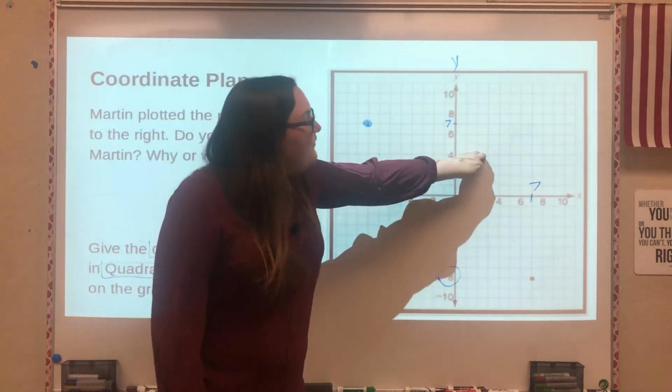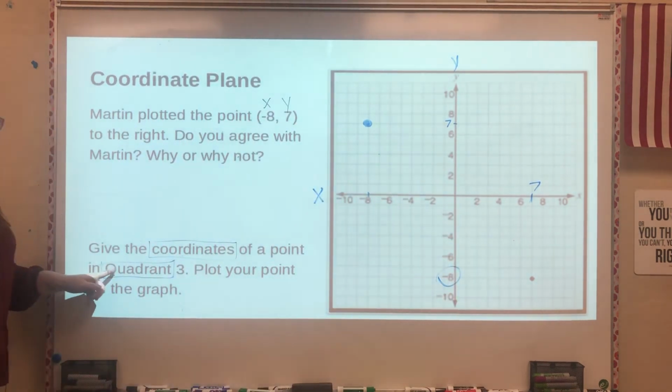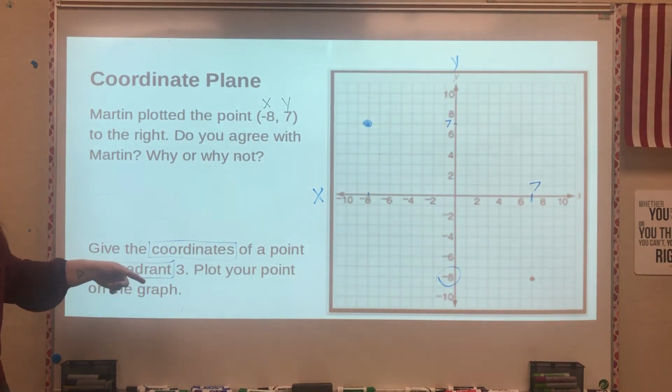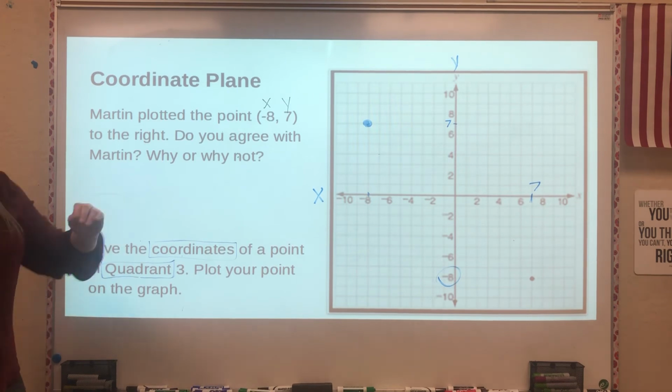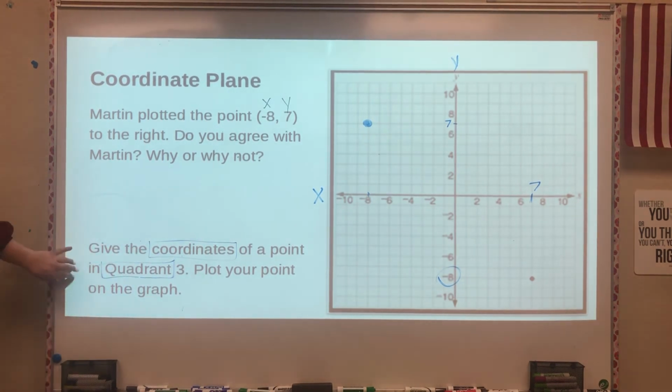Quadrants were those 4 areas of our graph. So you need to know where quadrant 3 is and then come up with a coordinate of a point that would be in that quadrant. Go ahead and try this one. I will say, as you're looking at this, there are a ton of correct answers. There's not just one. Go ahead and try it for me.